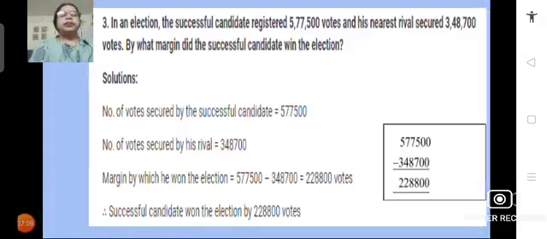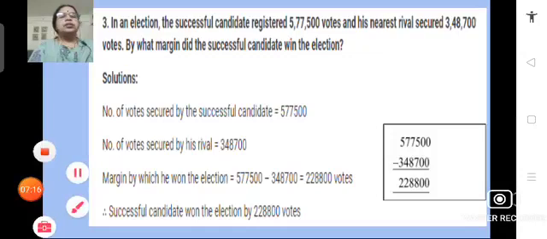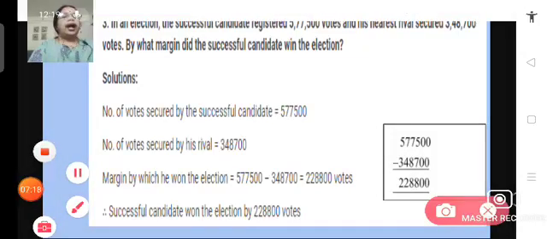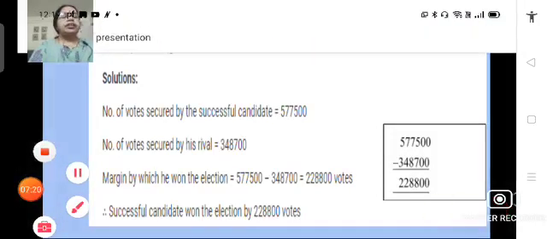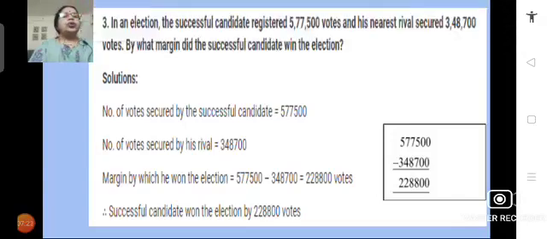Problem number 3. In an election, the successful candidate registered 5,77,500 votes, and his nearest rival secured 3,48,700 votes. By what margin did the successful candidate win the election?